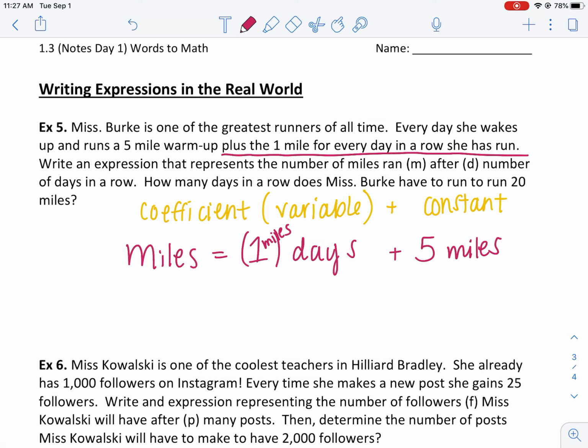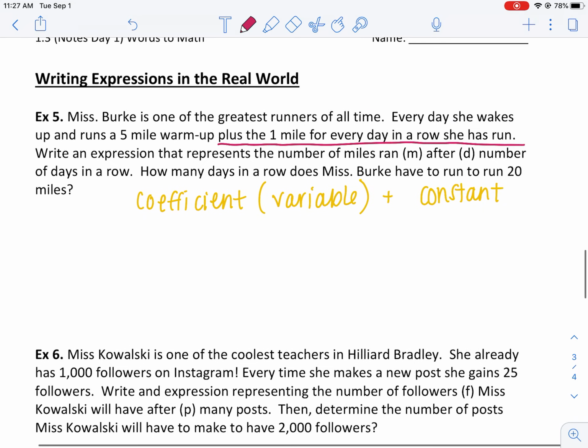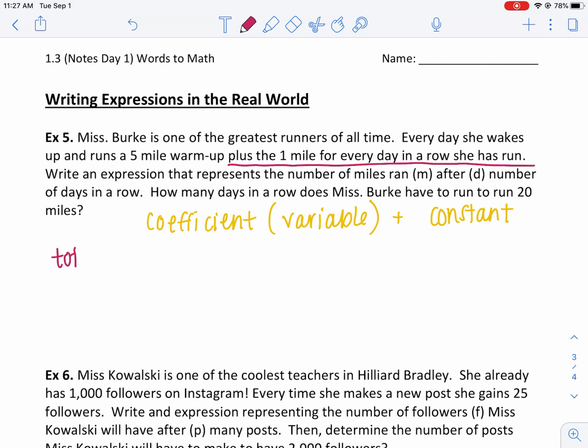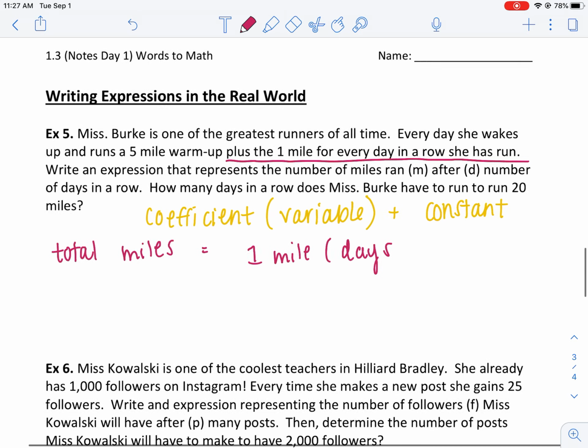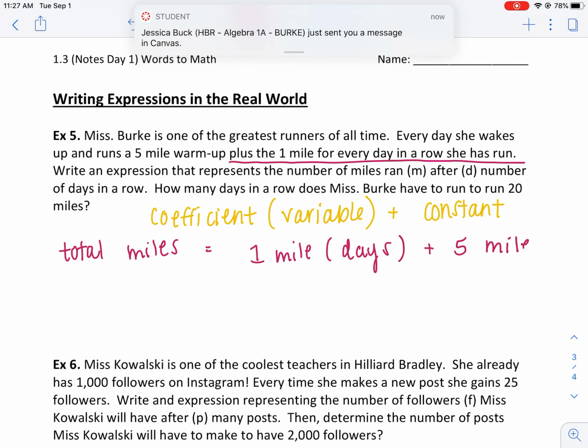Okay, let me write this a little smoother. Let's say total miles is equal to 1 mile times the days plus my 5 miles. Okay?